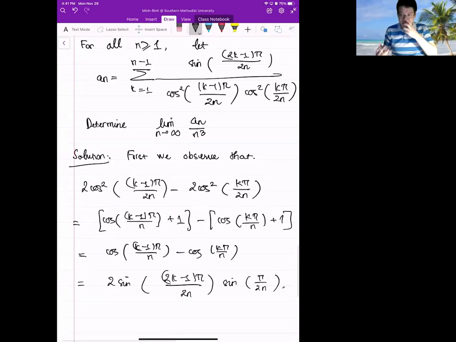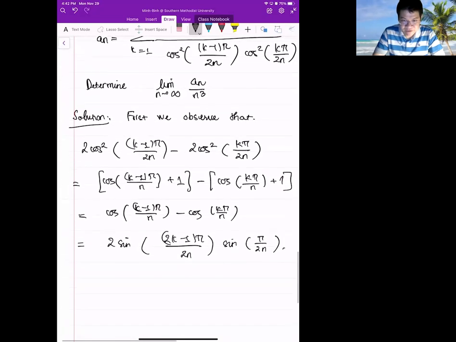So I explain again. Here I have 2 cosine squared minus 2 cosine squared. So 2 cosine squared is cosine of 2 angle plus 1. So I remove the 1, and then I have cosine of (k minus 1) pi over n minus cosine of k pi over n. So this can be written as 2 times sine of (2k minus 1) pi over 2n times sine of pi over 2n. All right.